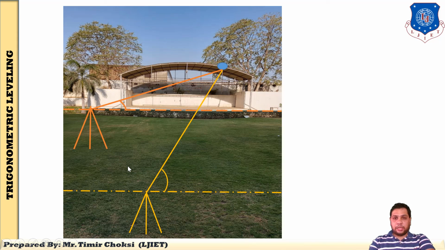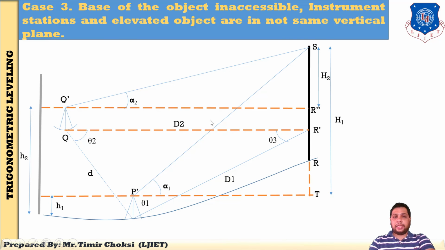There may be some obstruction in the field, so you set up the instrument at a different level. This condition is called case number 3: base of the object is inaccessible and instrument station and elevated object are not in the same vertical plane.